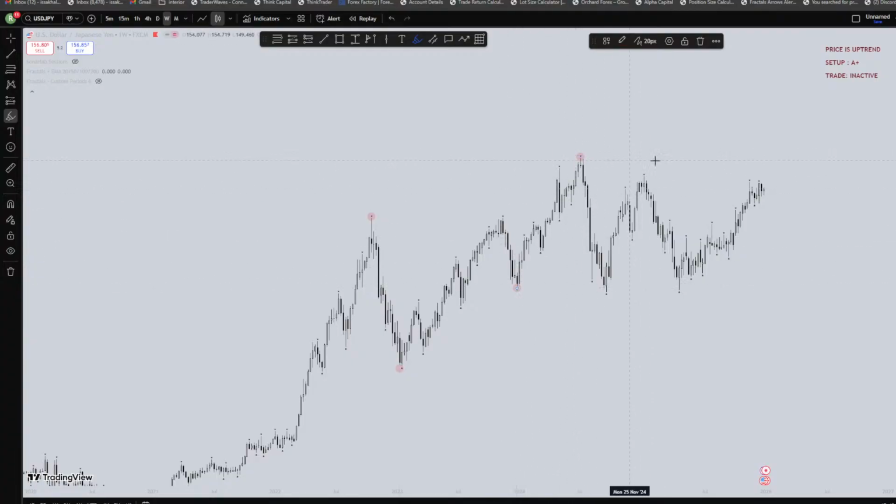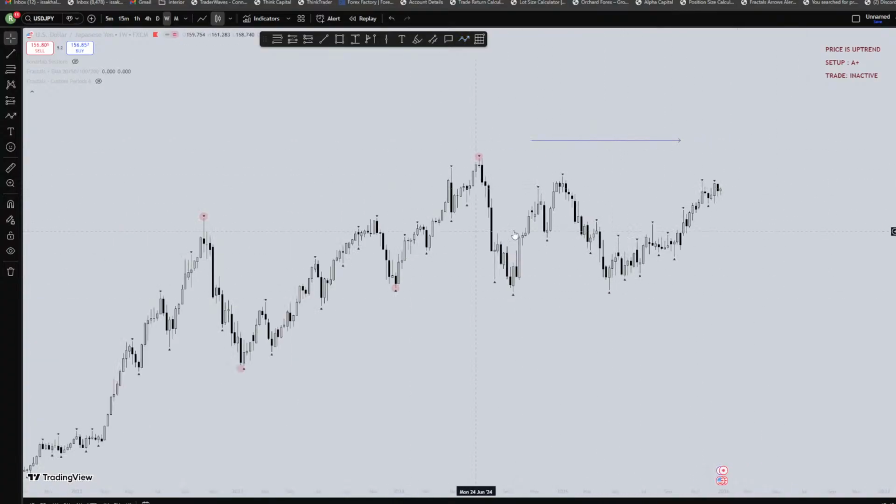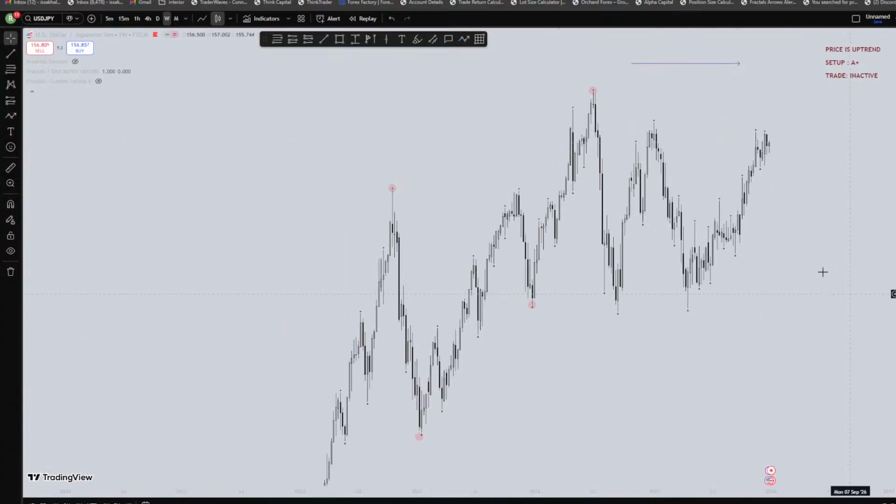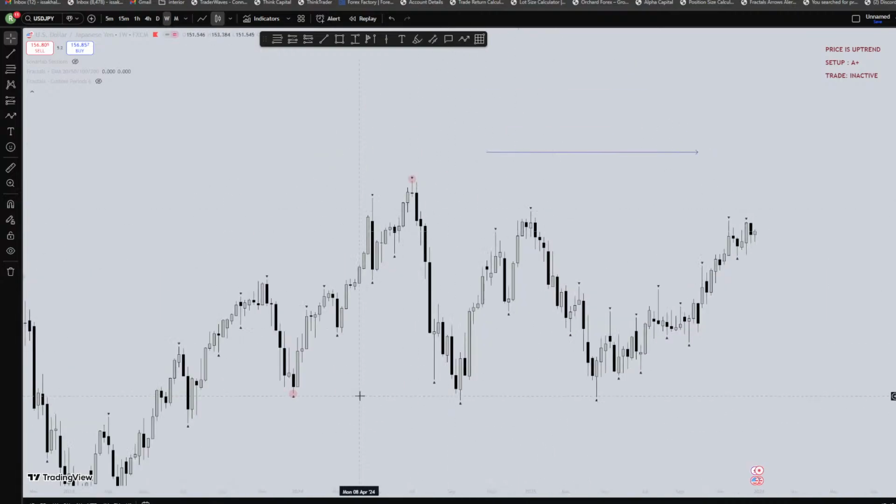So we are currently ranging as well. Ranging. So this came and took this, also a valid point, but this is all internal.